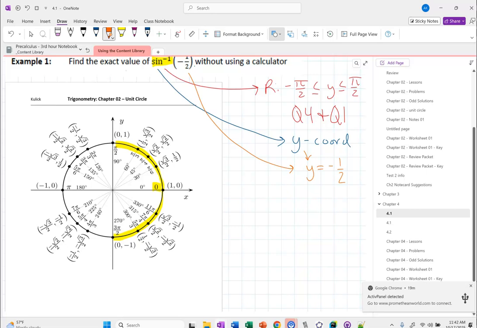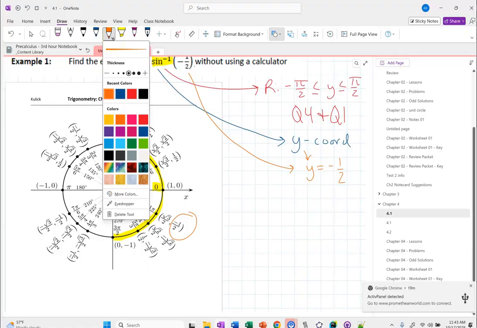And where am I going to look for that? In the yellow region that I've highlighted. Notice that's the only spot in quadrant 1 or quadrant 4 where the y-coordinate is negative 1/2. See it? You go and you check all the spots in quadrants 1 and 4. That's the only spot.